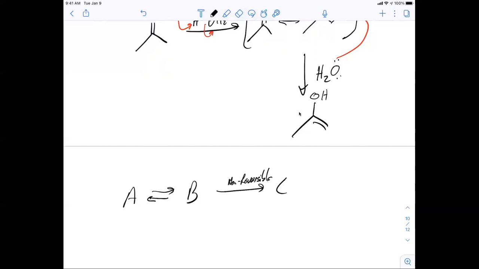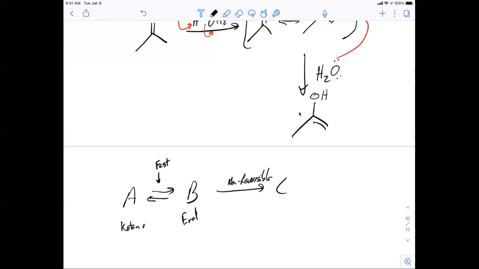The way to think about the enols is something like this, where we have A going to B, so ketone going to enol. If we can make this fast, A is going to turn into B, but B is going to turn into A, and that'll go back and forth fast.